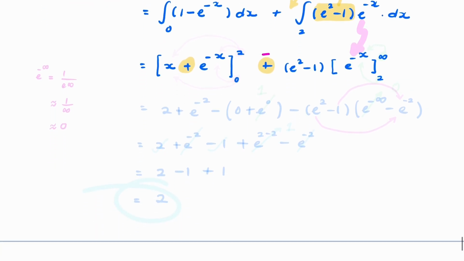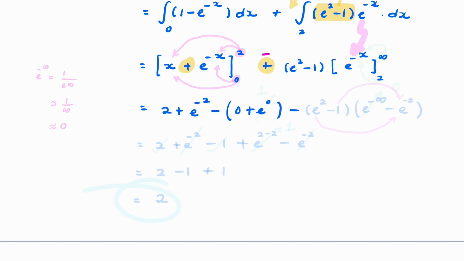So now we can simply substitute the limits. So if we substitute a 2 instead of x, we have 2 plus e to the negative 2 minus, now we do the same, this time we substitute 0 instead of x. So it's minus 0 plus e to the power 0.